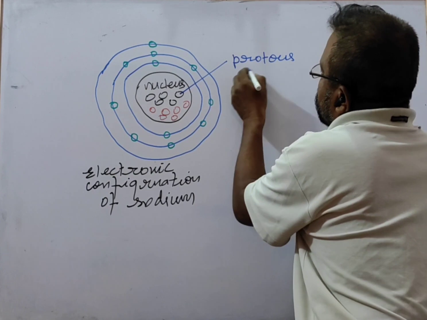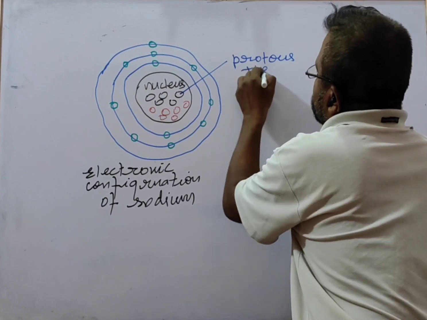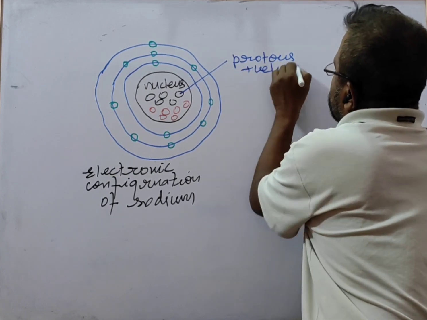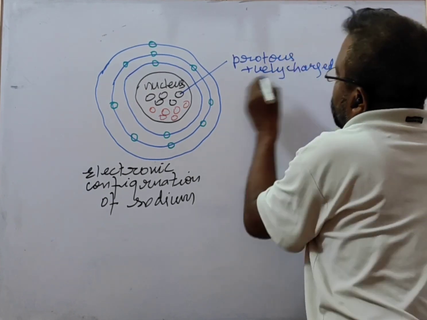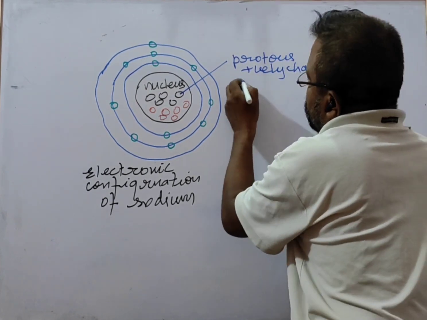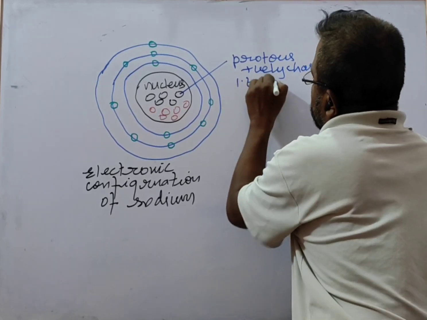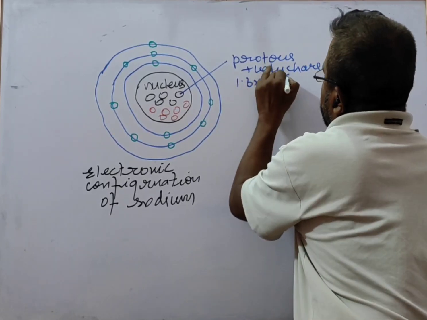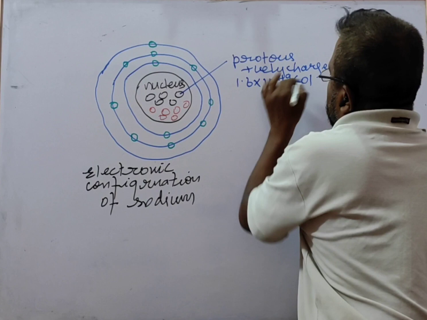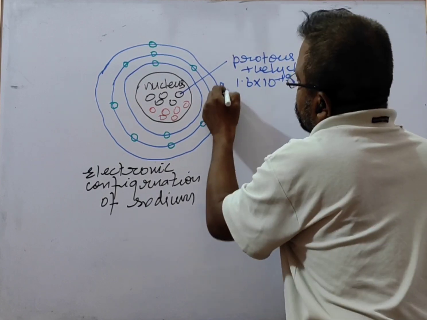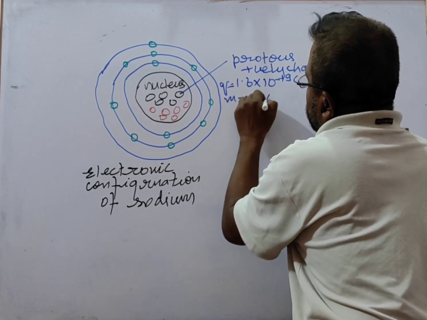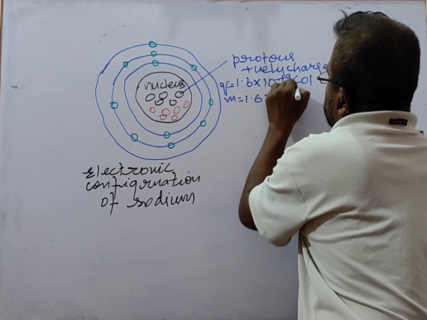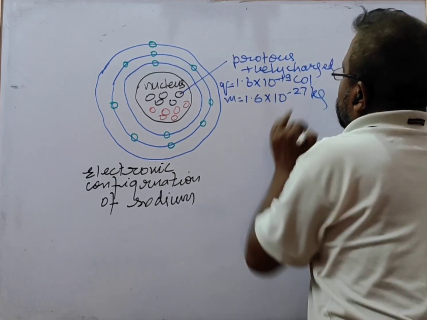They were positively charged, having a charge of 1.6 into 10 to the power minus 19 coulomb, and having a mass of 1.6 into 10 to the power minus 27 kg, right?